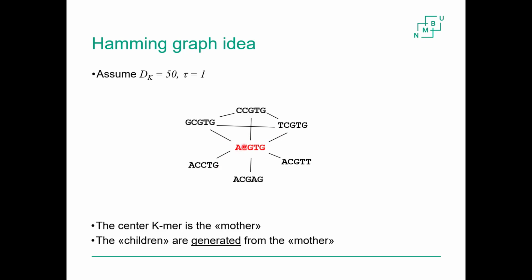There will also be a C in the second position and a G in the third position. And this is because this mother sequence has 50 copies, right? So this will have the majority in all positions, regardless of how the other ones look.